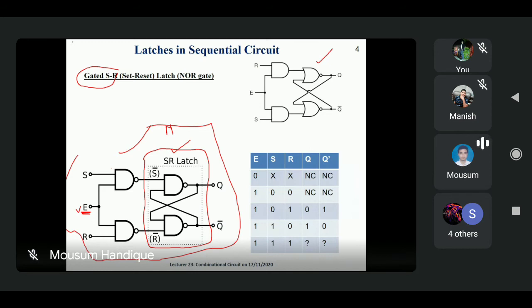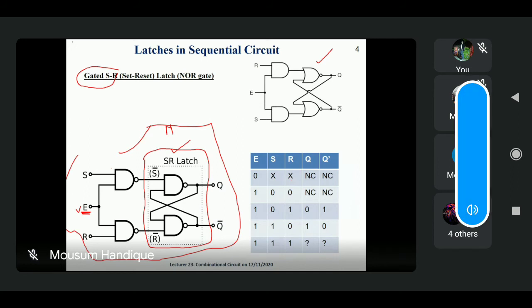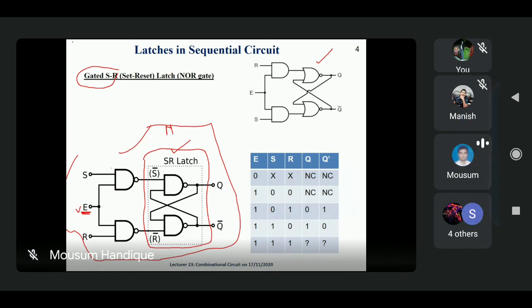So when E equal to 0, that means the enable input is 0. What about the value of S and R? Q and Q bar, no change. You can use S equal to 0, then also no change. If you are using S equal to 1 or not, irrespective of the value of R, always it is showing no change.